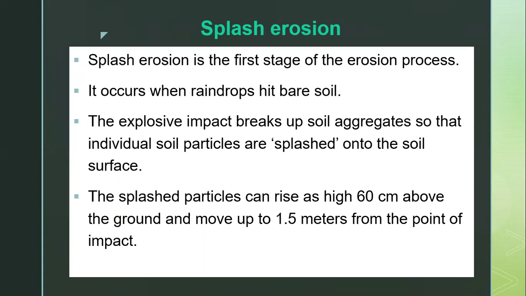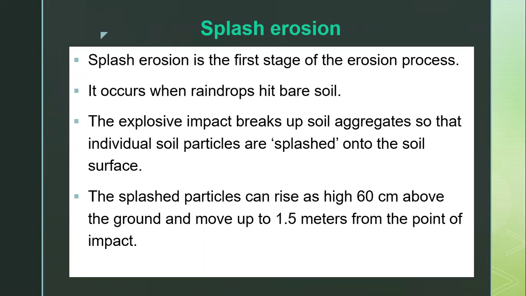Splash erosion is the first stage of the erosion process. It occurs when raindrops hit the bare soil. The explosive impact breaks up the soil aggregates so that individual soil particles are splashed onto the soil surface.